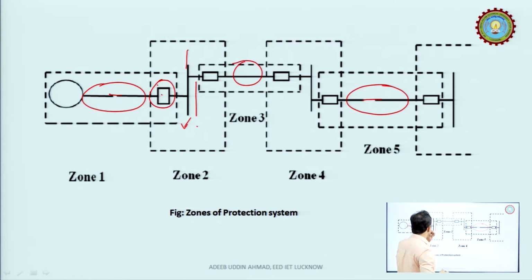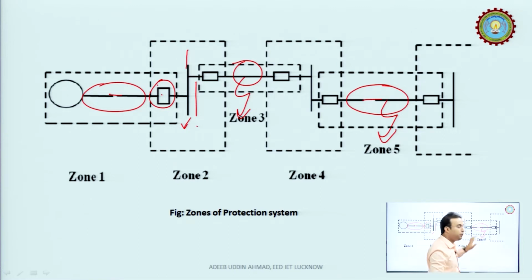For example, suppose there is a fault between these two circuit breakers, say an earth fault at that point. The fundamental responsibility of the protection system of this particular zone is to eliminate this fault and separate this zone from the rest of the healthy power system.